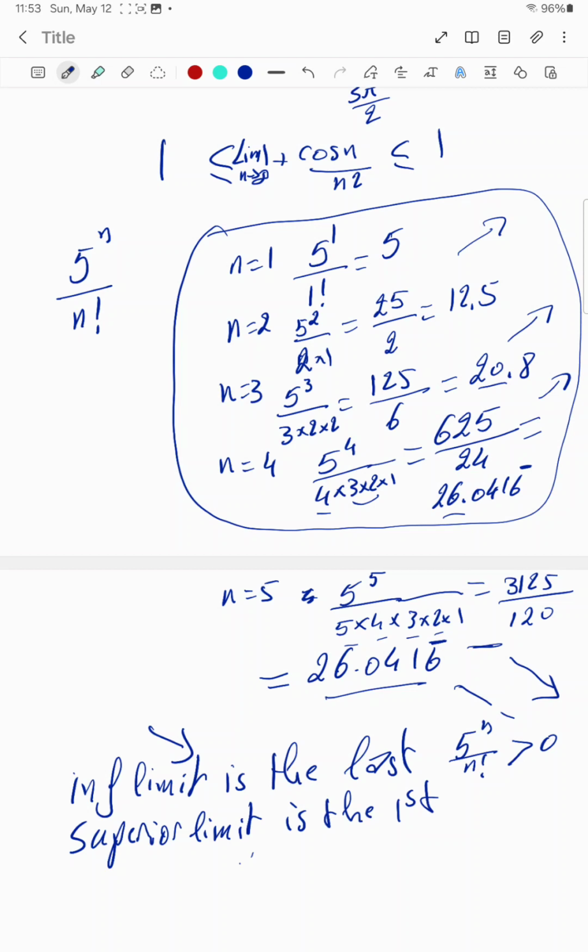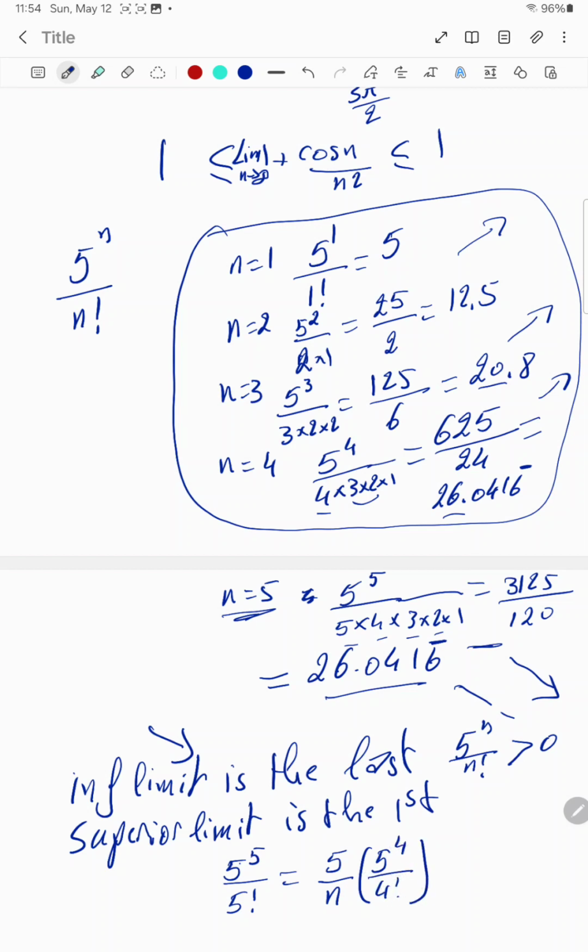And my first term is the fifth item, which is 5 to the power of 5 divided by 5 factorial. But I want to introduce n in my first term so I can study its limit. So I can say 5 divided by n, yeah, multiplied by 5 to the power of 4 divided by 4 factorial.